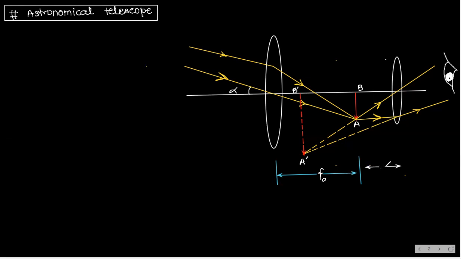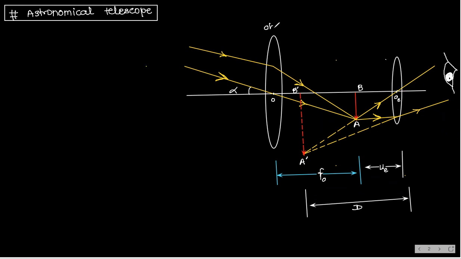And the final image which is getting formed from here to here, this one in red color, this is the least distance of distinct vision, and that is D. Now this is optical center for objective and this is optical center for eyepiece.